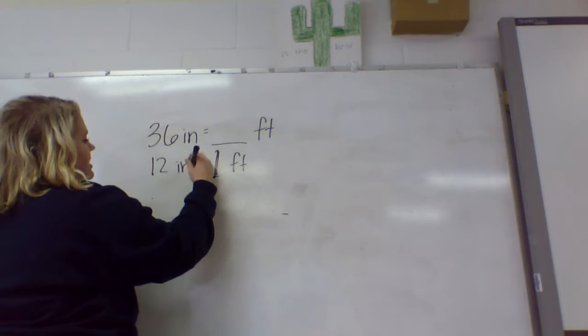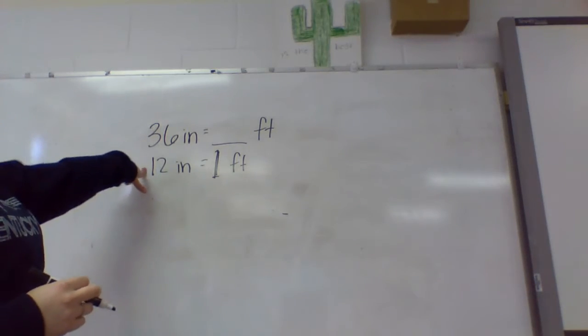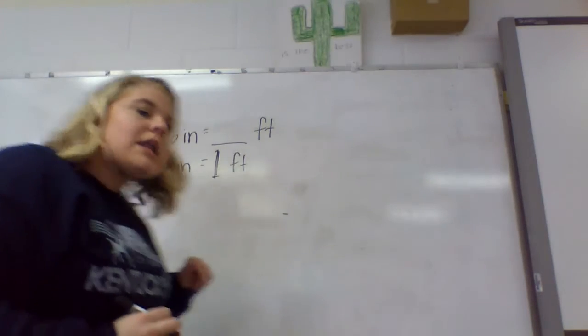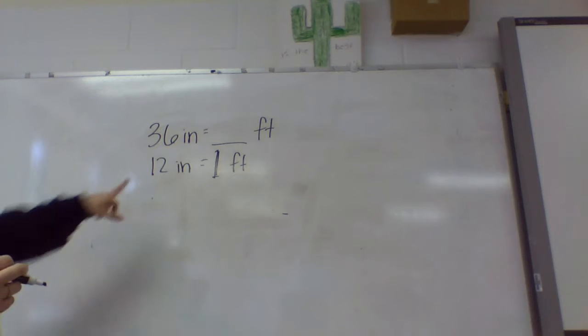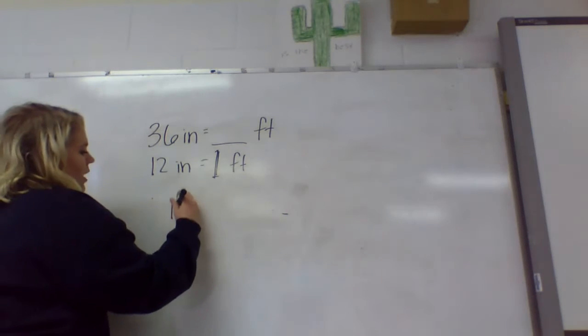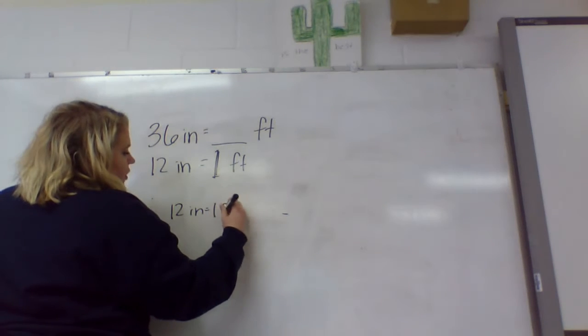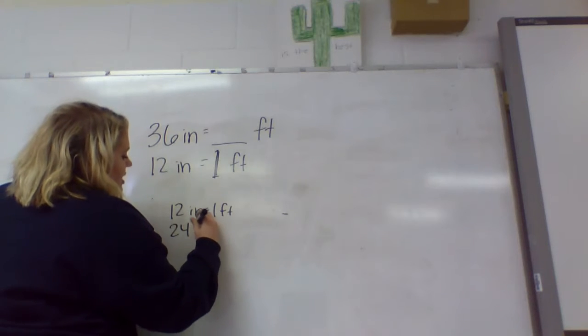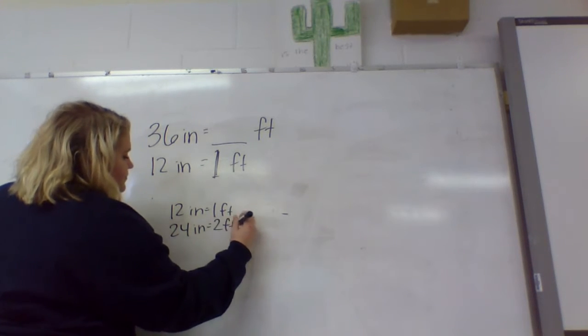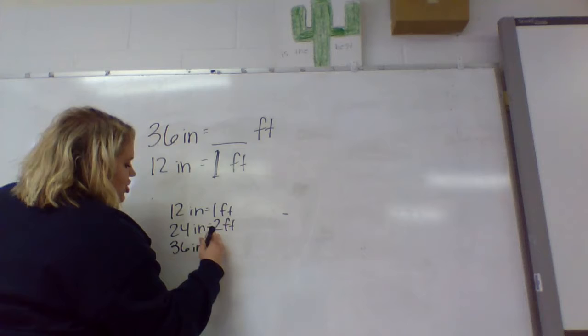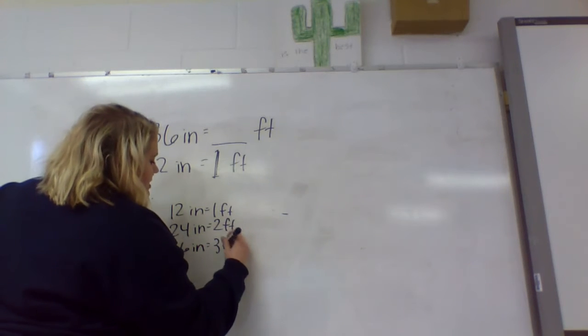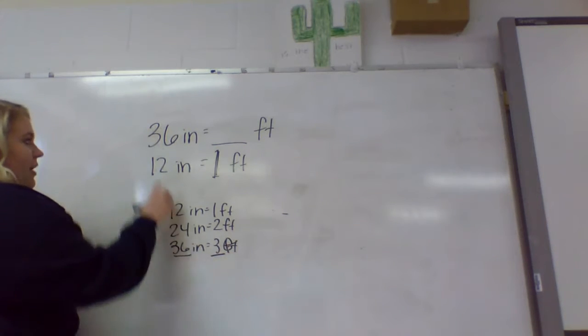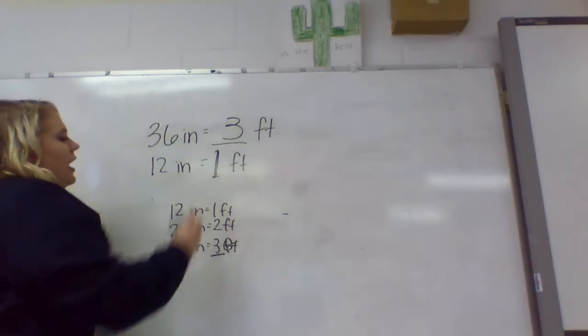There's 12 inches in 1 foot. And we have more than 12, so that means we're going to have more than 1 foot. So if I count by 12, 12 inches is 1 foot, 24 inches would be 2 feet, 36 inches would be 3 feet. I found my 36, so it would be 3 feet.